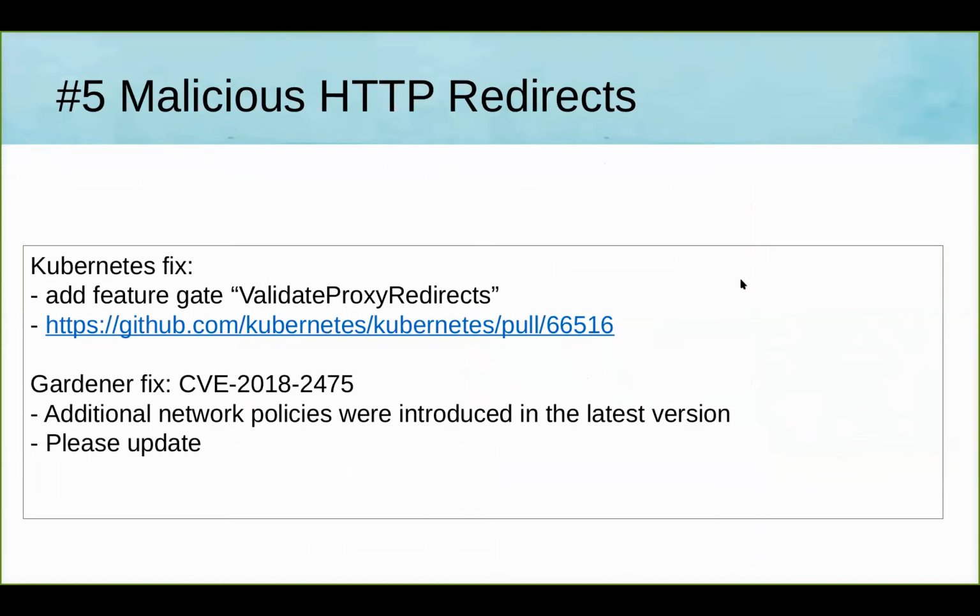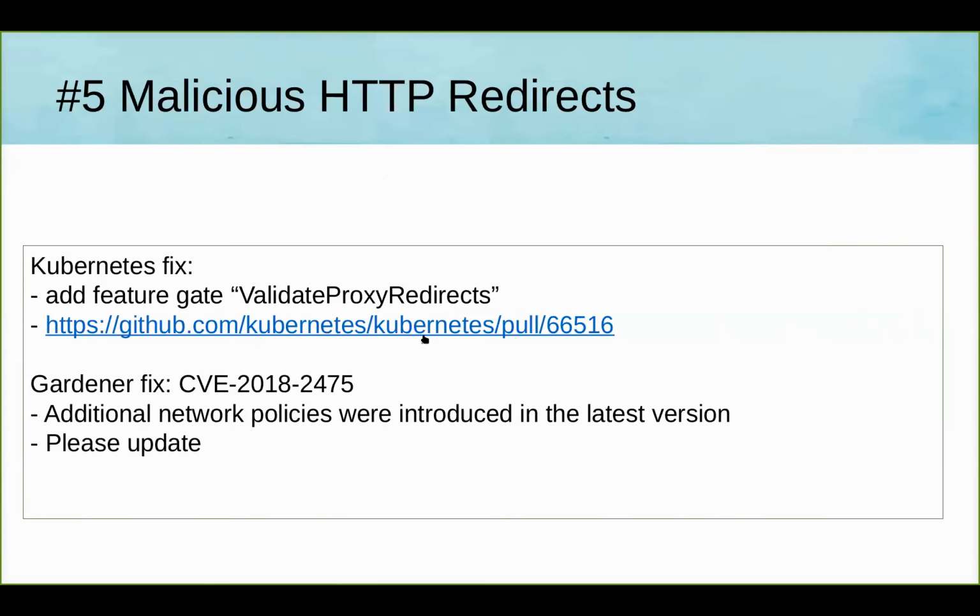There are different ways to be protected against this issue. One way is a Kubernetes fix that added a feature to block such HTTP redirects and only allow the valid HTTP redirects, not the one we have seen before.